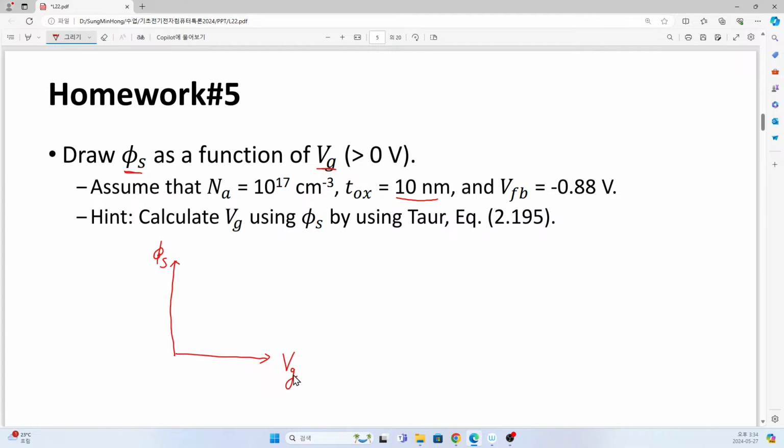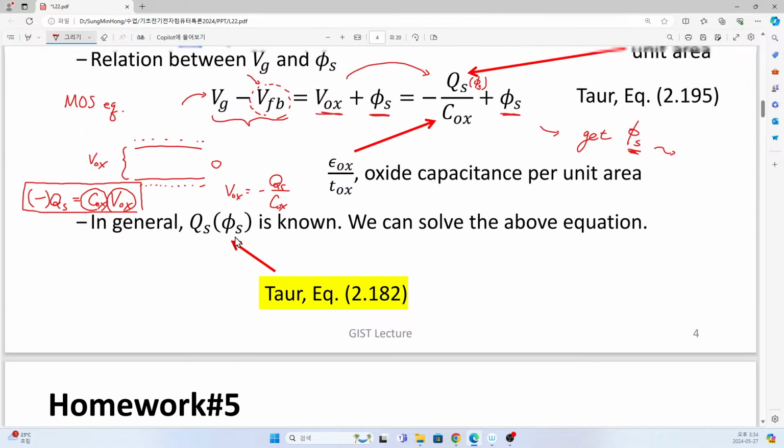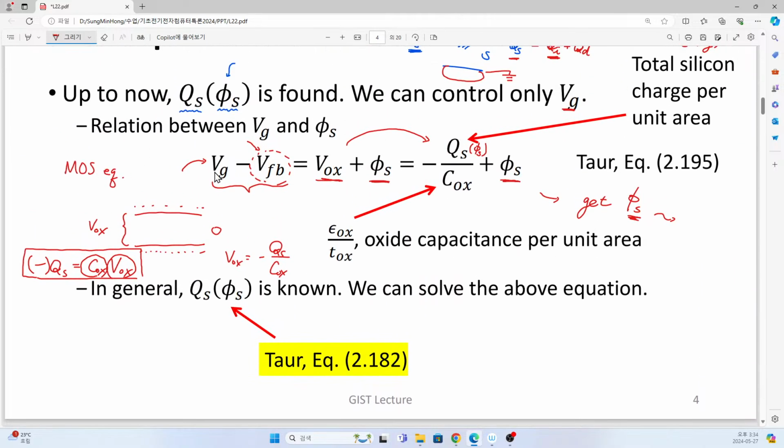Then how can you calculate this one? Although here the independent variable is Vg, in my opinion it is much easier to do it this way: just fix a value of phi s, then you can calculate Vg immediately. Once again, this equation can be regarded as an equation for phi sub s.